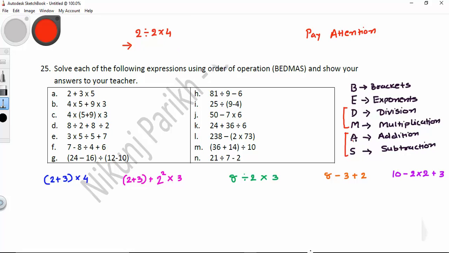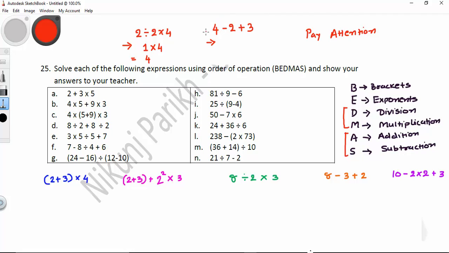Similarly, when you have addition and subtraction in the same expression, such as 4 minus 2 plus 3, then again you have to solve this expression from left to right. So if I solve this, then I have 2 divided by 2. 2 divided by 2 is 1. So I have 1 times 4. And that is equal to 4.